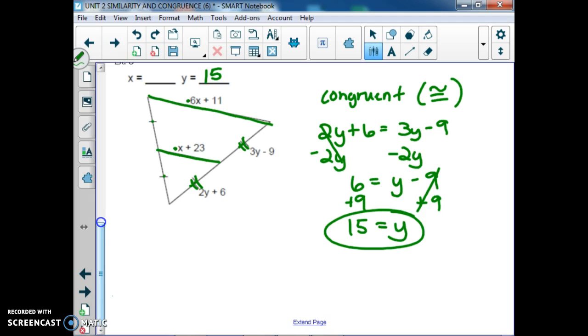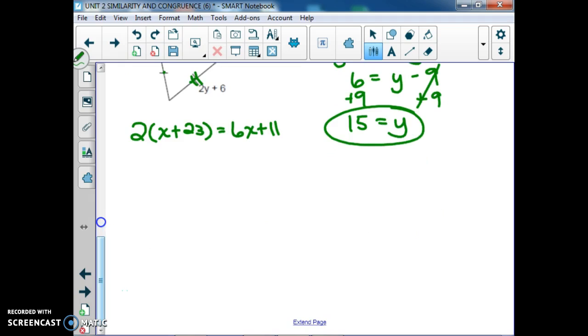So I'm going to multiply this side by 2. So it's going to be 2 times x plus 23 is equal to 6x plus 11. So now I'm just going to solve for x. I'm going to distribute. 2 times x is 2x. 2 times 23 is 46.